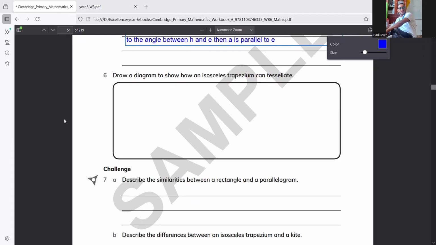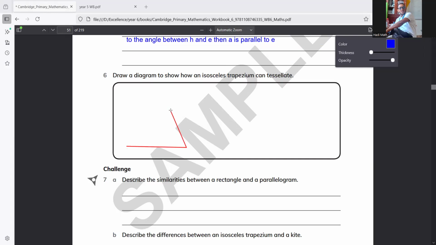They ask you to draw a diagram to show how an isosceles trapezium can translate. So what you need to draw: this is the base, and this one is equal to this one.